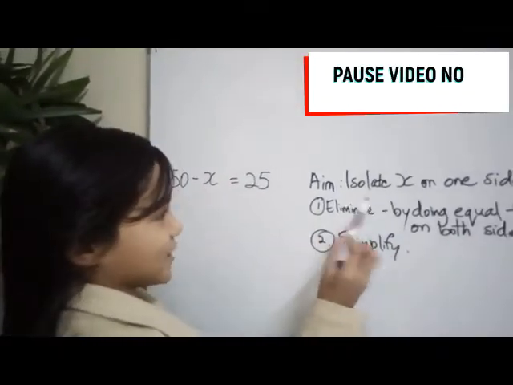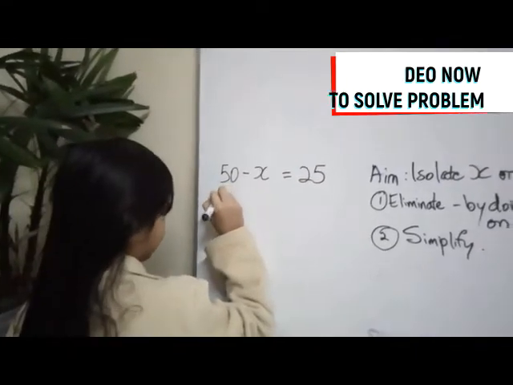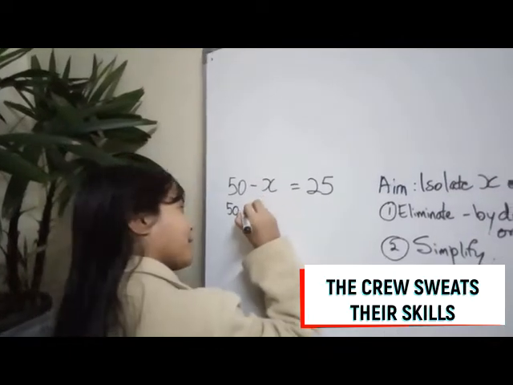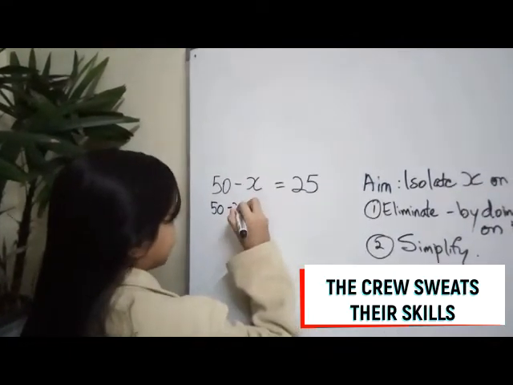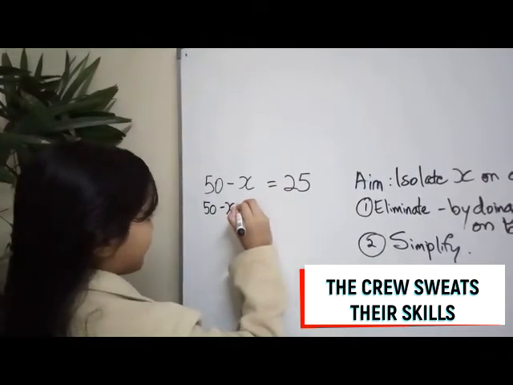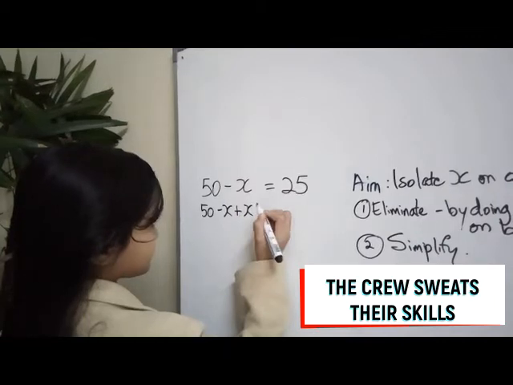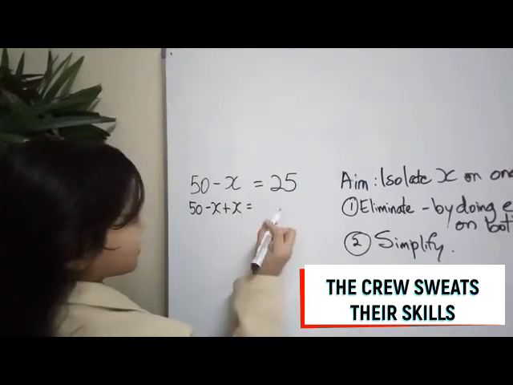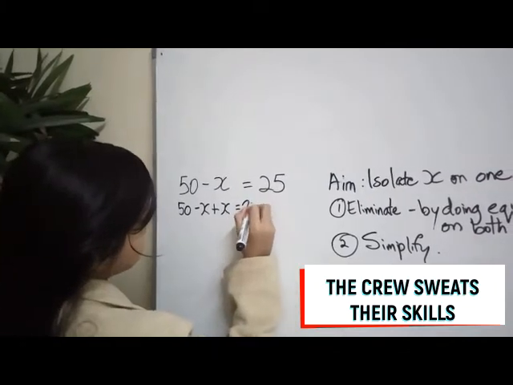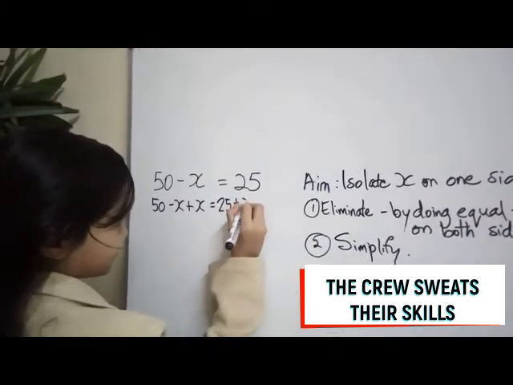Our aim is to isolate x on one side. So we're just gonna put 50 here, minus x, just like up here, plus x equals the same number up here, 25 plus x.